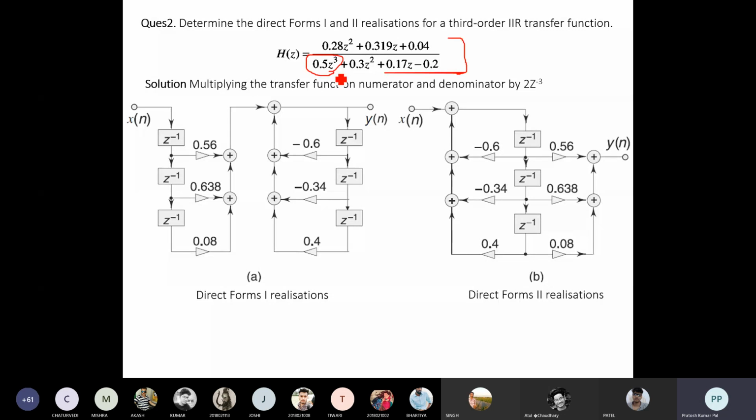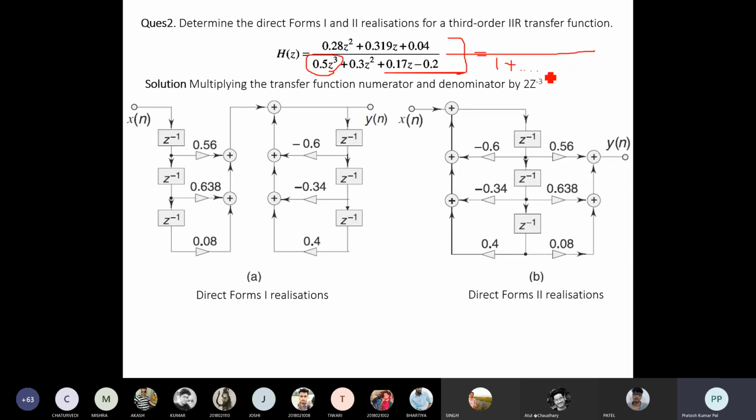To make the first term 1, we multiply 2 into z to the power minus 3 on the numerator and denominator, and we get whatever numerator is there. In the denominator, the first term will be 1, and then plus whatever next terms are there.